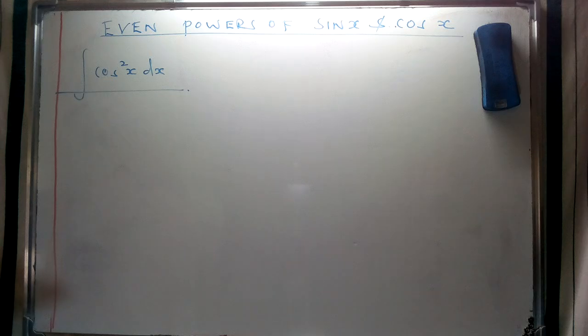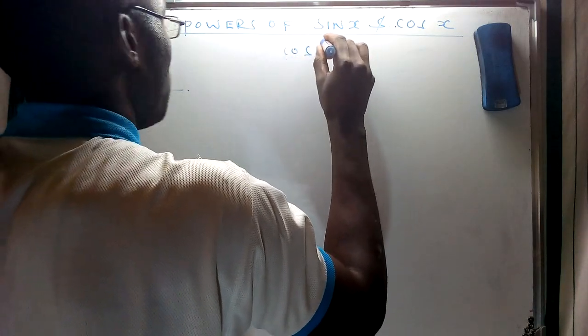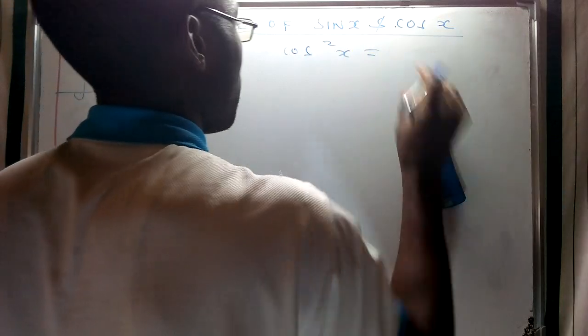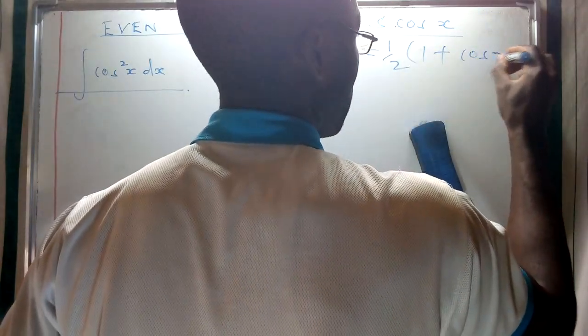So in our first case in this specific integral, we're going to apply the double angle formula for the square of the cosine of theta, which can be given as a half times 1 plus the cosine of 2x.